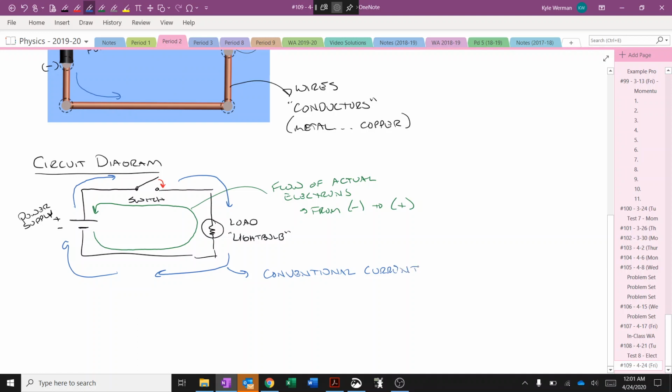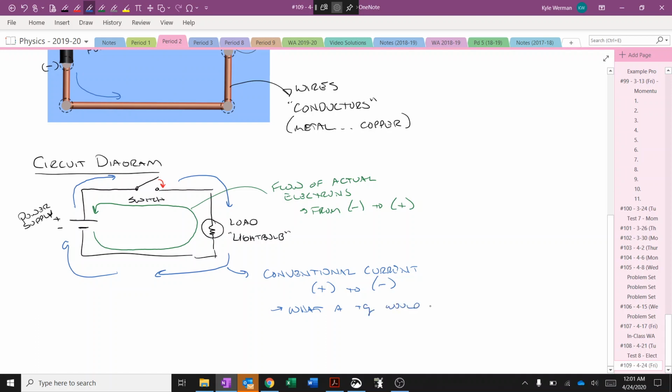It isn't actually which way the electrons are going, but it's the direction we assume things are moving in the circuit. So it goes from positive to negative, and you can think of it as what a positive charge would do. It would be repelled from the positive end and go to the negative end.